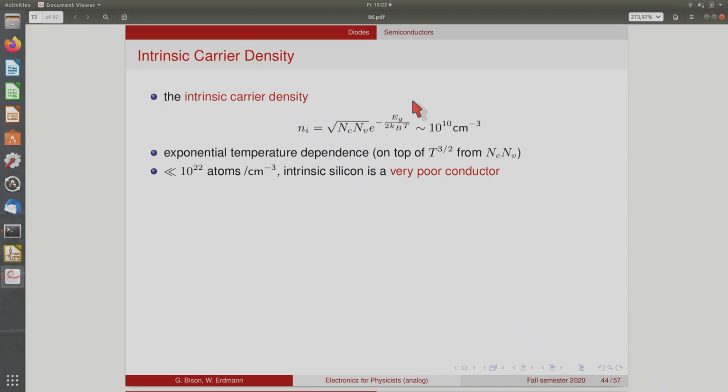There are two things to note. First of all, it has an exponential temperature dependence. So you have the energy gap divided by the temperature multiplied by the Boltzmann constant. So on top of the temperature dependence that you have here, you have an exponential temperature dependence. This you will see in many properties of semiconductors.